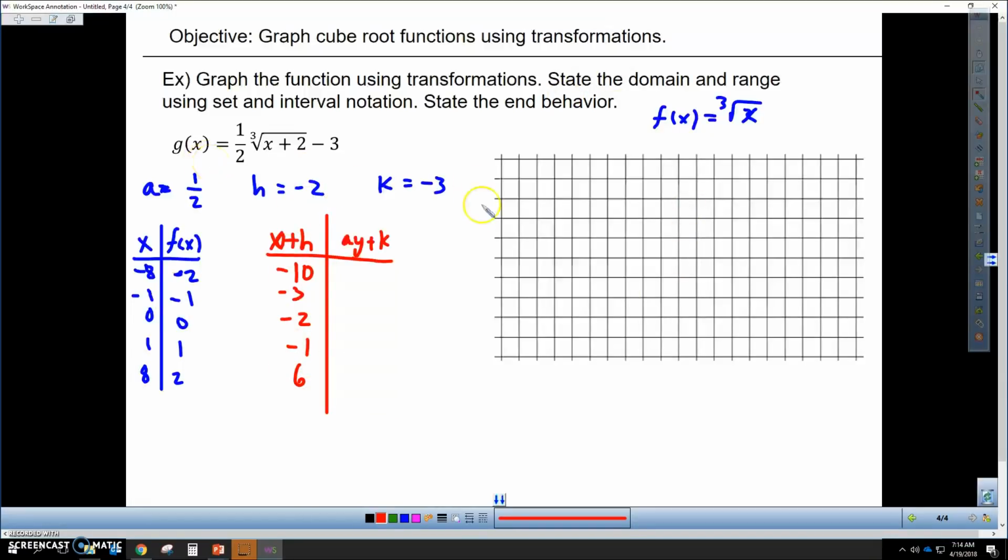Now we'll apply our outputs. I'll take half of each value and then subtract 3.